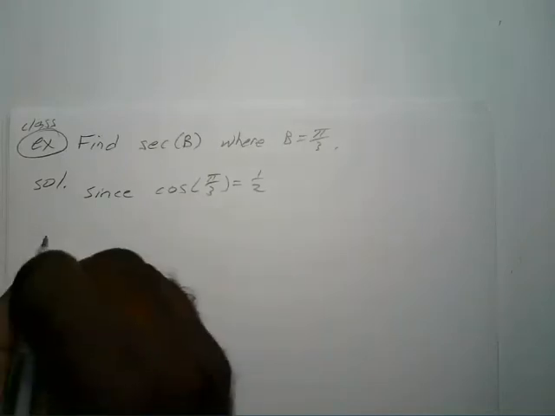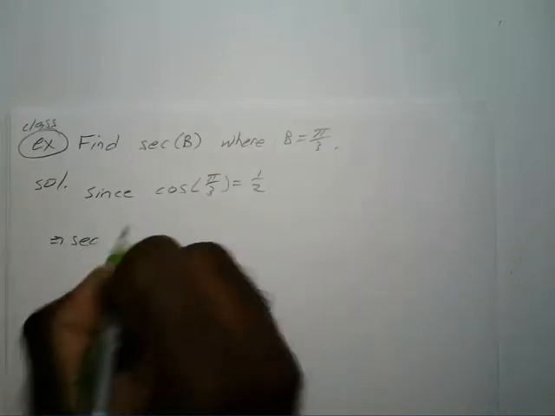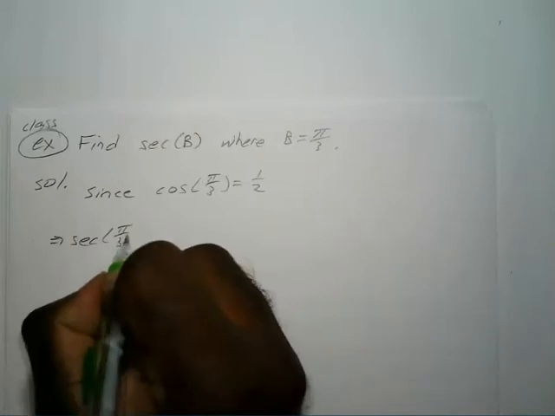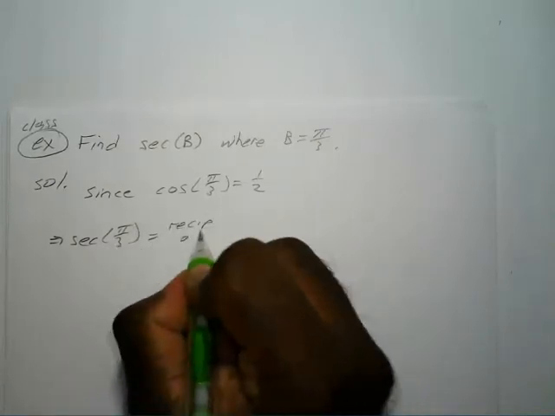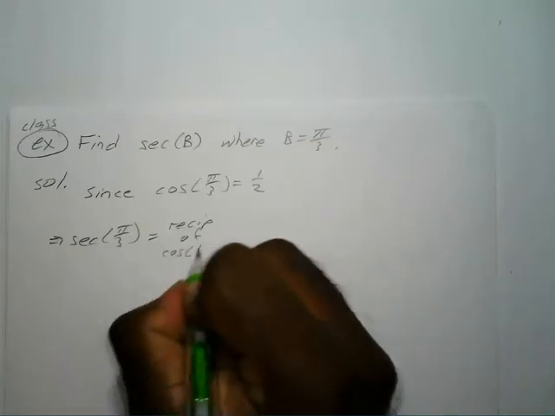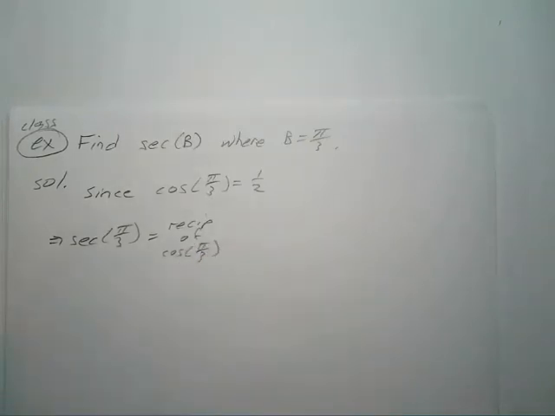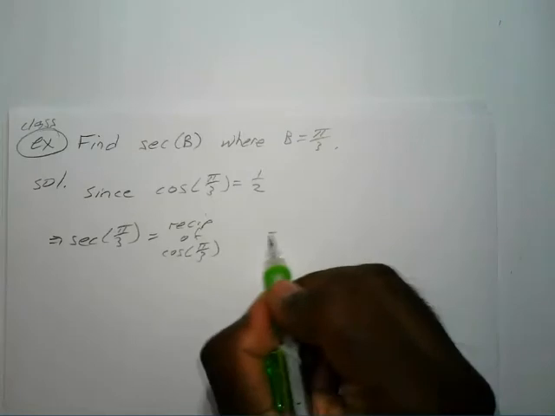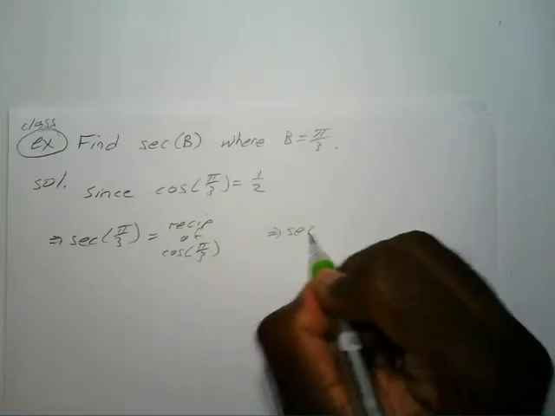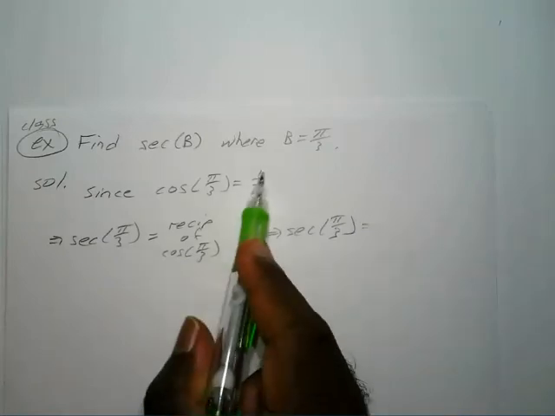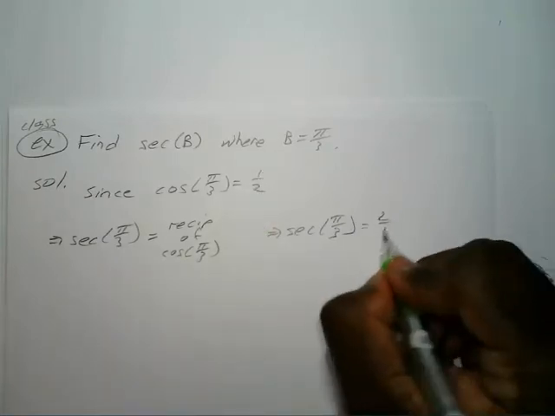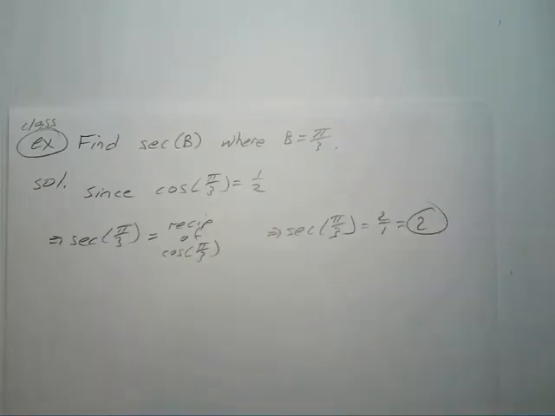Okay, so that means that secant of pi over 3 equals the reciprocal of cosine pi over 3. Okay, so secant pi over 3 is just, instead of 1 over 2, it's going to be 2 over 1, which is just 2.